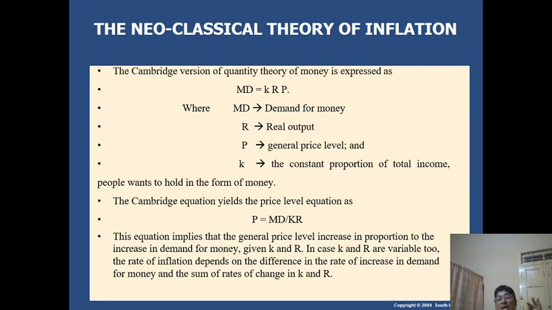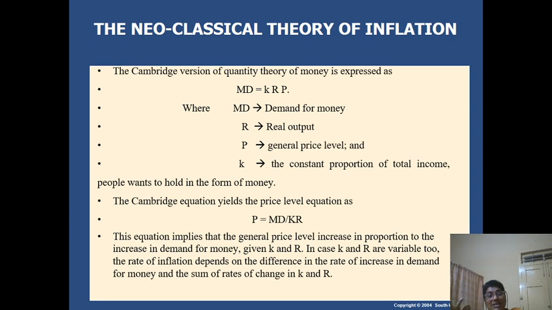That k is the proportion of income which people want to keep in their hands in order to meet various purposes. They are not wishing to spend that money. Whereas MD is the demand for money in the sense of demand for transaction purposes, which people naturally spend in order to get goods and services.